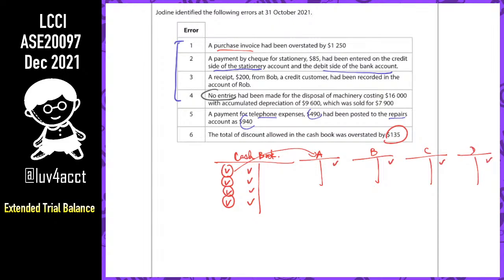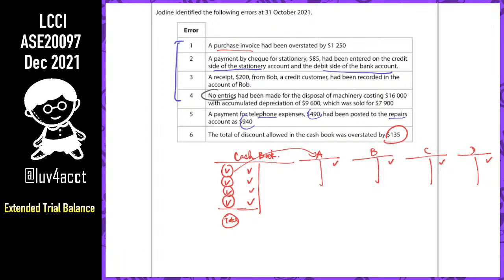The entry is already done, and the total you put in the discount allowed account. In that case, if individual accounts are used, then you have to put this 135 in the suspense account.